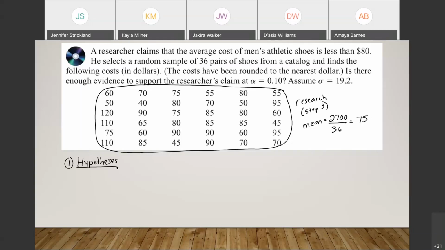Look for a keyword in there, see if you can write me a hypothesis for that one.